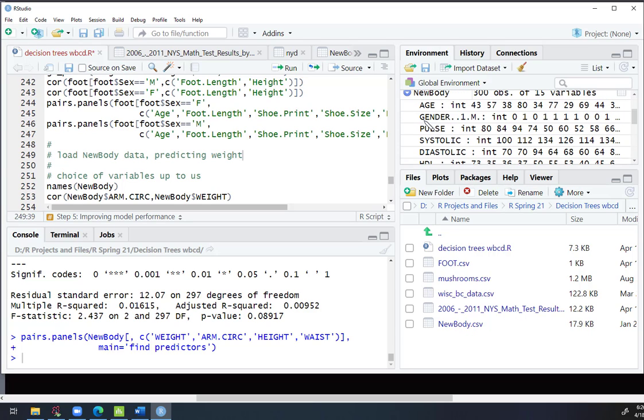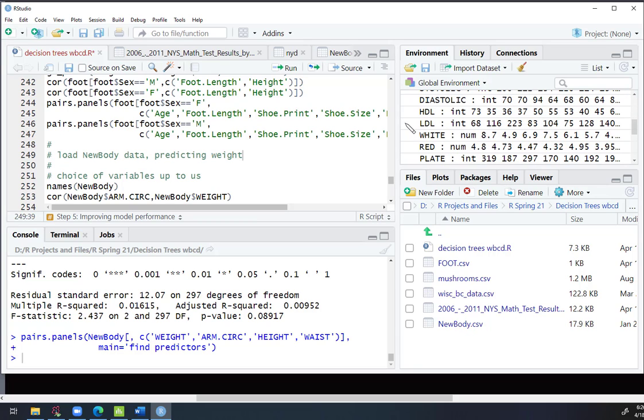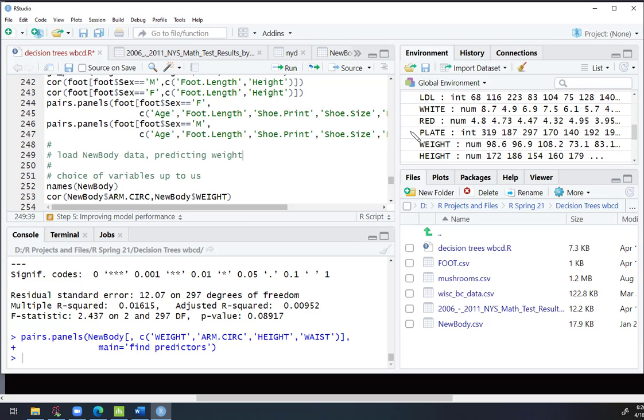And you'll remember what the variables look like. They look like age, gender, pulse. So after gender starts a series of kind of blood chemistry things. The pulse rate, the systolic and diastolic blood pressure, the lipoprotein measures, high and low density, the white blood cells, red blood cells, and platelet counts.